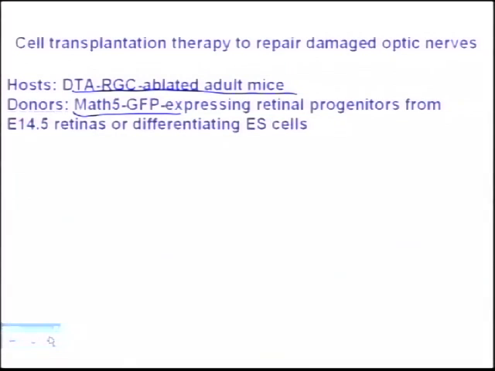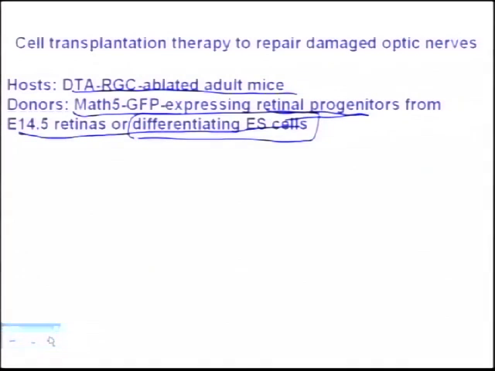So we can either get these from embryos, we can isolate retinas from embryos, and by FACS sorting, purify those cells. We've made some progress on this, but we're just starting. And we can also, and people are now beginning to do this, and so are we, isolate differentiating embryonic stem cells. Embryonic stem cells from the mouse are pluripotent stem cells that can give rise to every cell in the mouse.